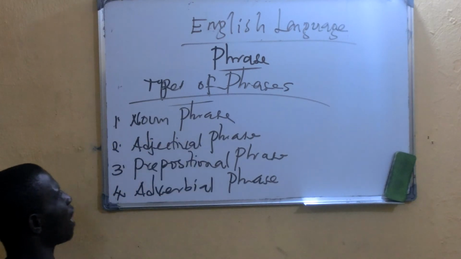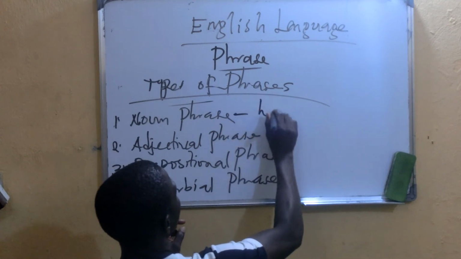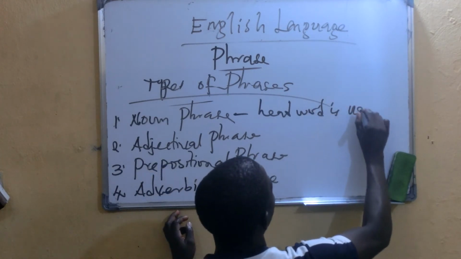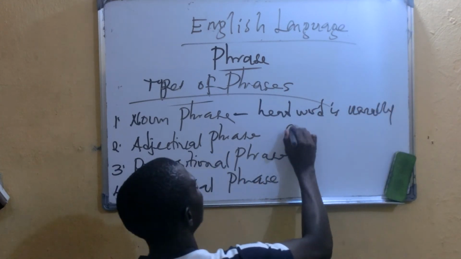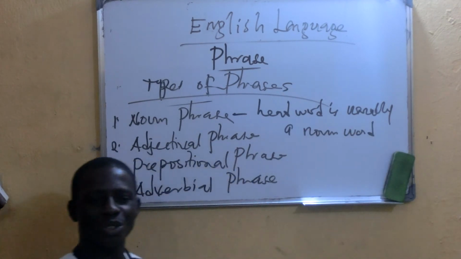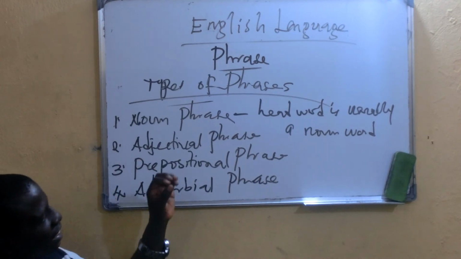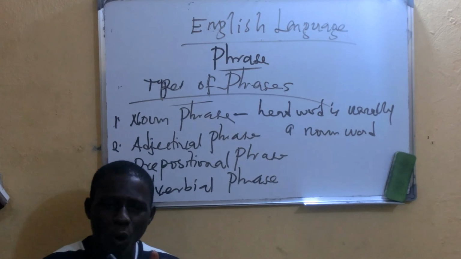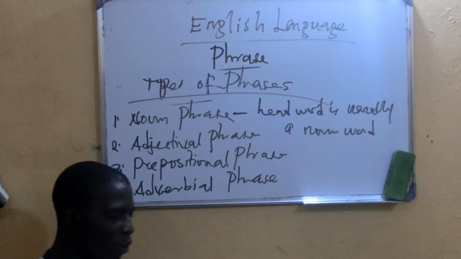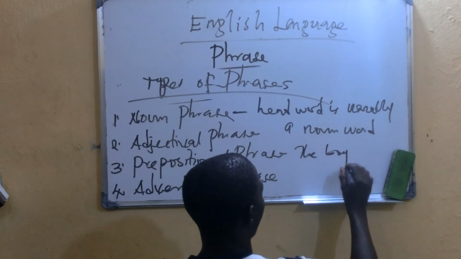And when we talk of noun phrase, the head word is usually a noun word. And that's why it's called a noun phrase. The head word, the main word that defines the group of the phrase or the phraseology, is usually a noun. For example, we can say that the boy.